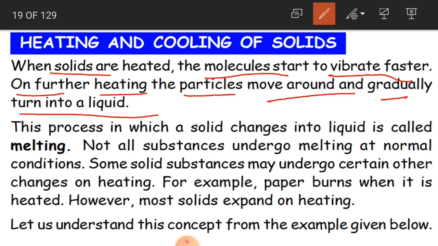That ice is going to melt and become water, a liquid state. This happens because it is now exposed to room temperature. Heating here doesn't mean putting it on the stove; it means being exposed to the temperature. Clear, children? The particles move around and turn into liquid when heated.